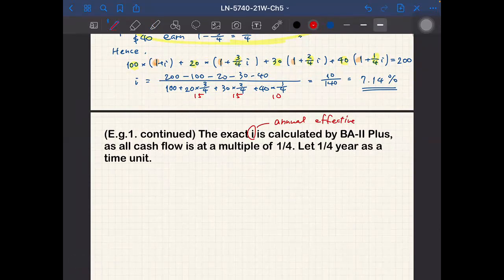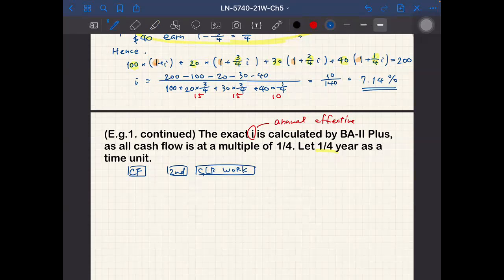It can be calculated by the BA II Plus, as all cash flows are at multiples of 1/4. If we make 1/4 the time unit, then we can calculate this. In the BA II Plus, we use the cash flow function and clear the memory, second, CLR Work. Then 1/4 is the time unit.